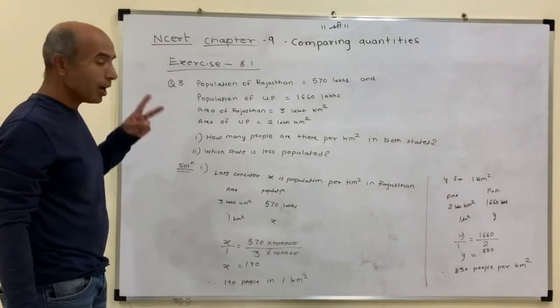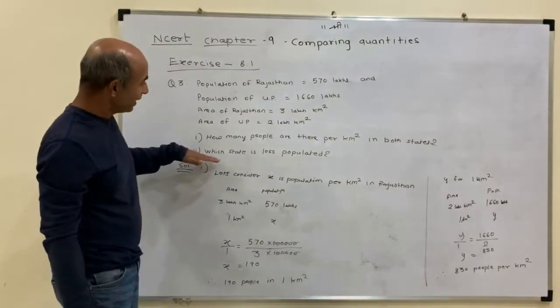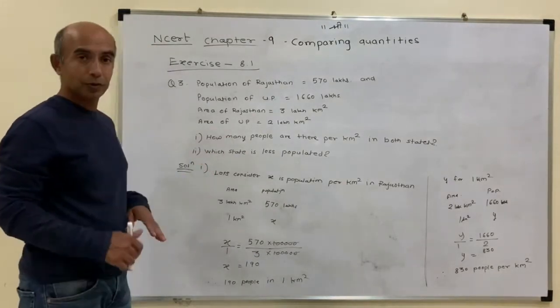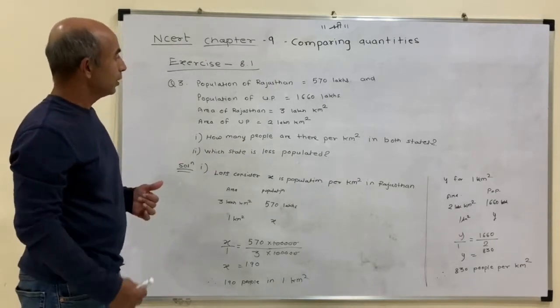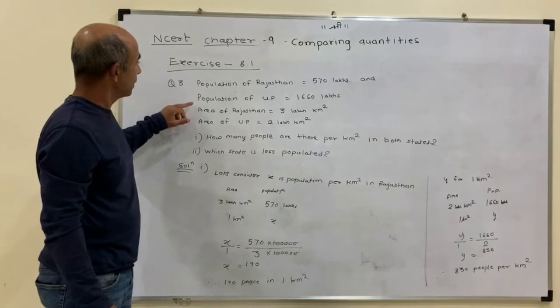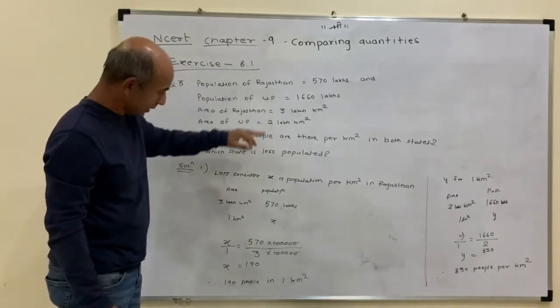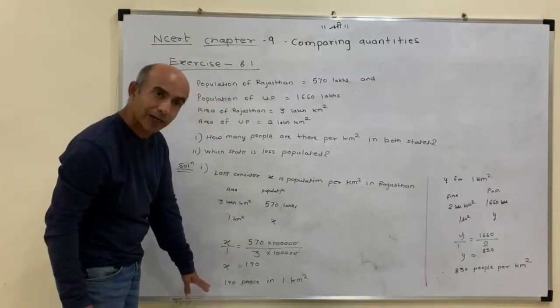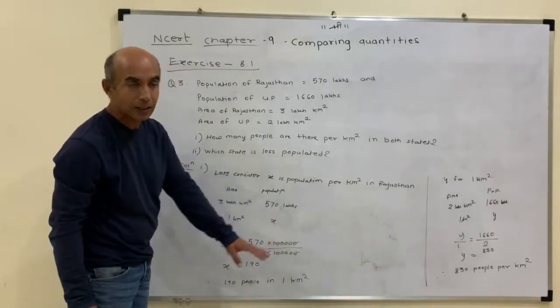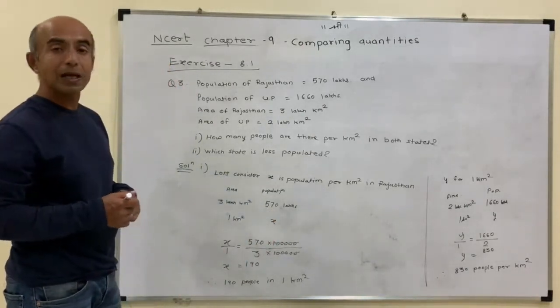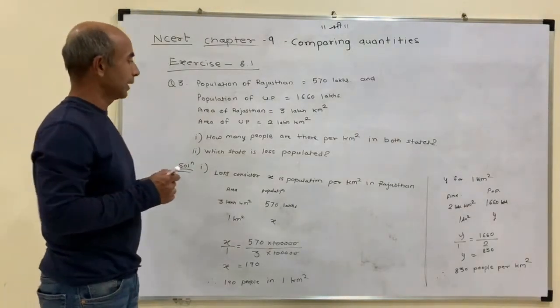So our second question, what did it say? Which state is less populated? So we need to find which state is less populated. Now here, the population in Rajasthan per kilometer square is 190, whereas in UP it is 830. Therefore, Rajasthan is less populated.